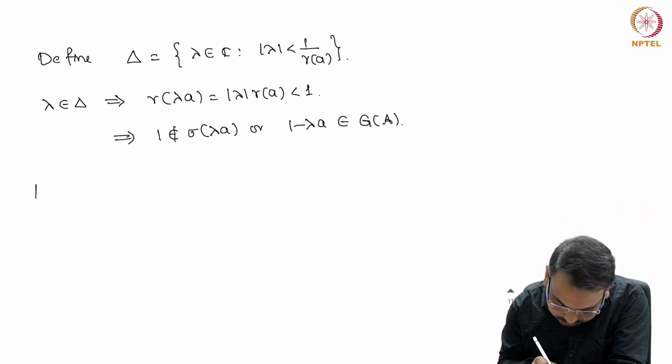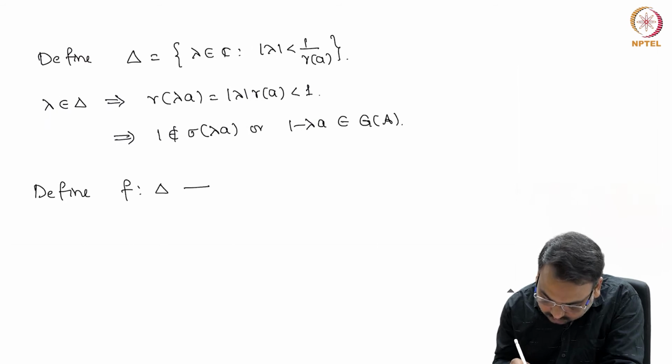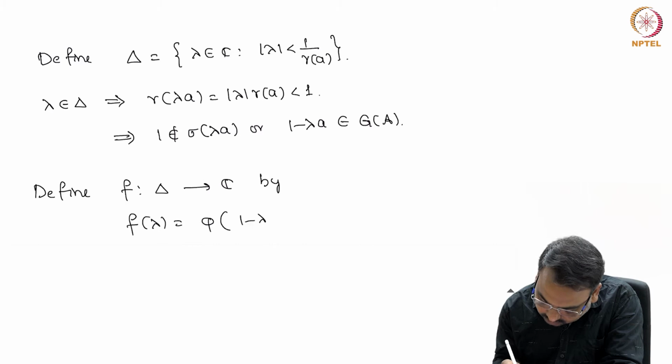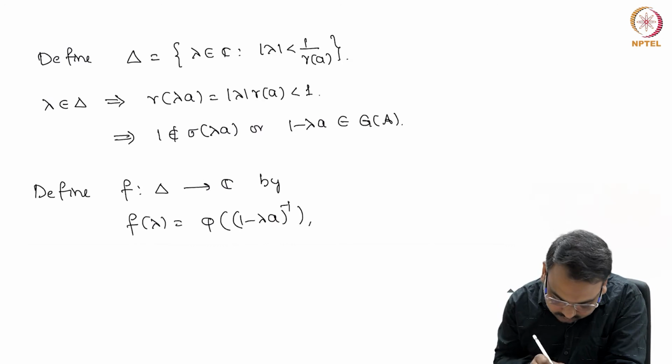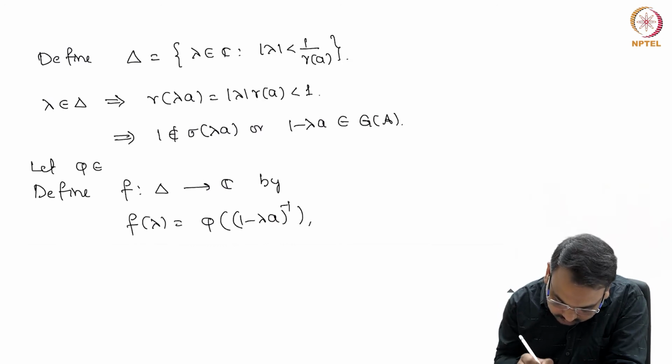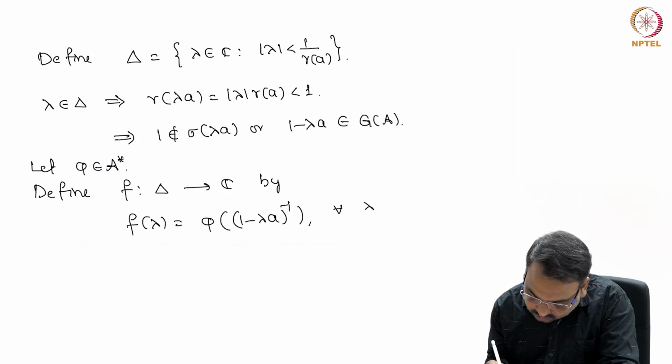Now define a functional f from delta into C by f at lambda is phi of (1 minus lambda A) whole inverse. This is true for, so let us take phi in A star, defined this way for every lambda in delta.